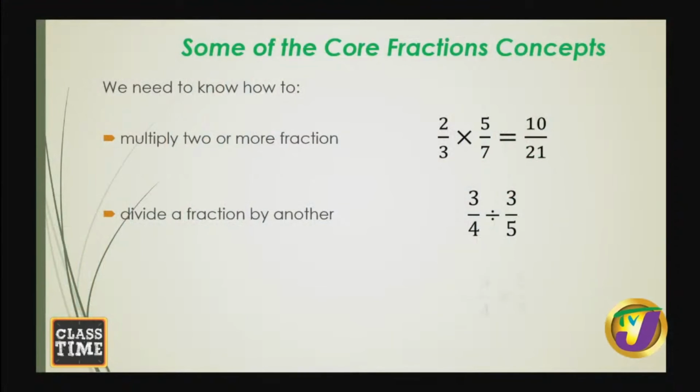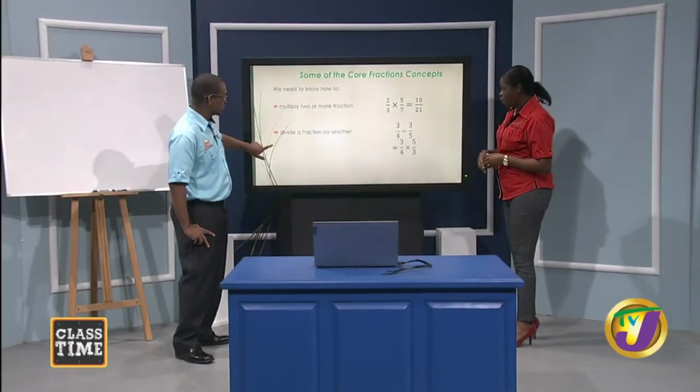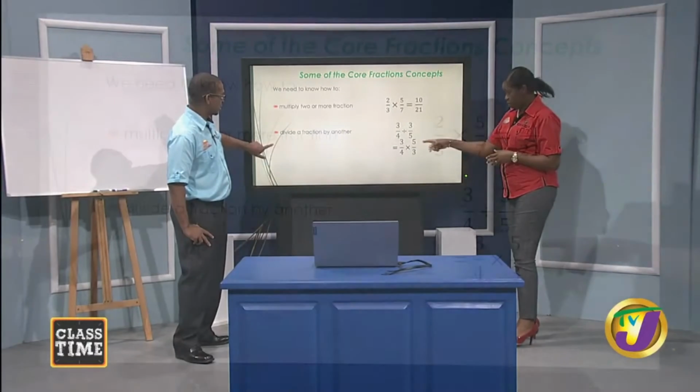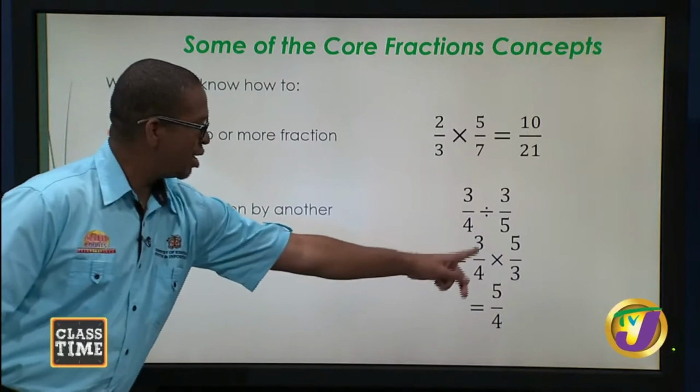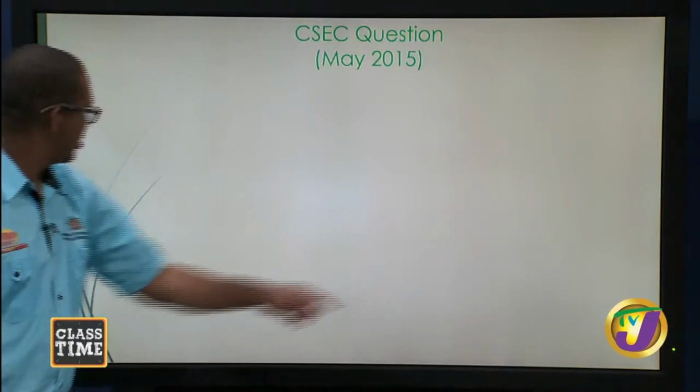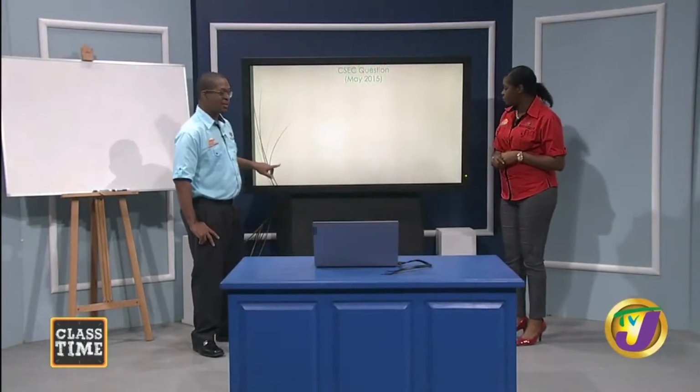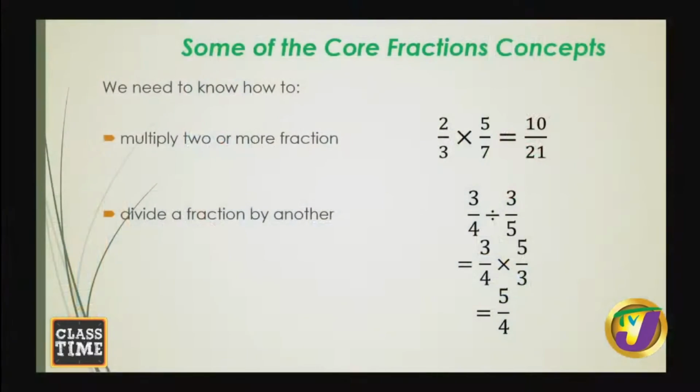So you multiply by the reciprocal of 3/5, which would be 5/3. Then we do the same thing as before, but in this case we can simplify by dividing by 3 and by 3.